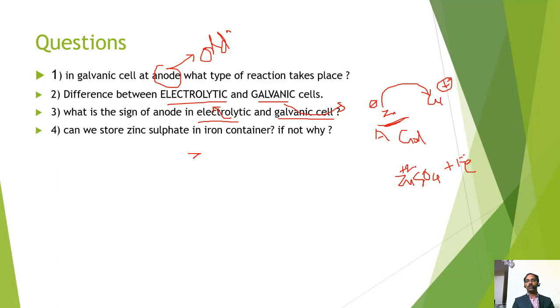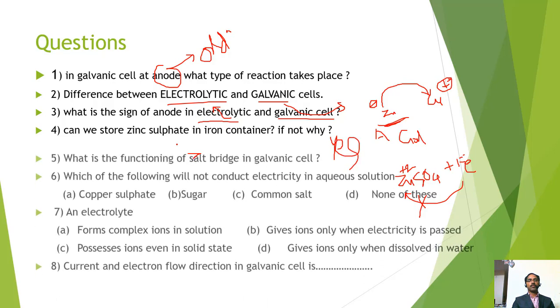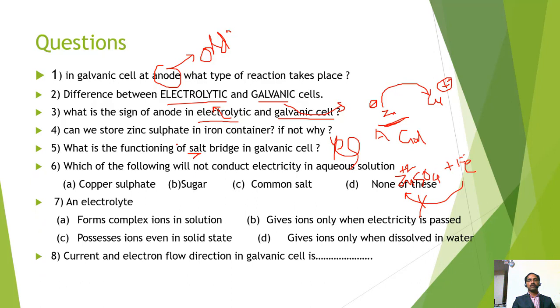According to the displacement reaction, a highly reactive metal can displace a less reactive metal ion from its salt solution, but iron cannot displace zinc. Iron is less reactive. So can we store zinc sulfate in an iron container? Yes. The answer is yes.